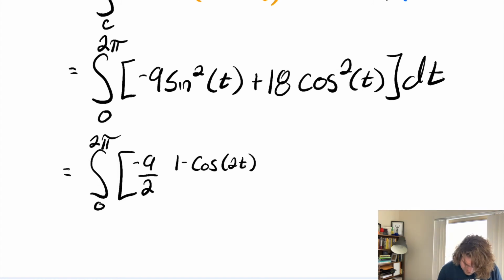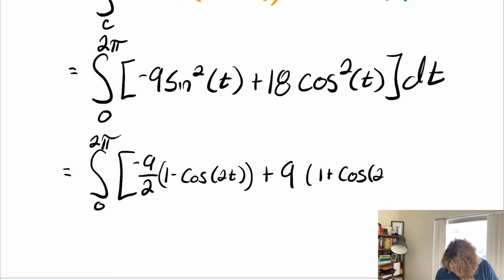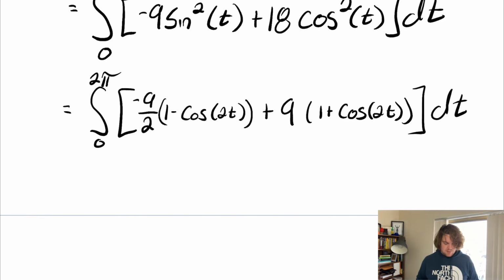It would be all over 2, but I already brought the 2 out, so I don't need to divide by 2. Plus, we have an 18 over 2, so that's going to be a 9, and then we're going to have a 1 plus cosine of 2t. And that's being integrated with respect to t.